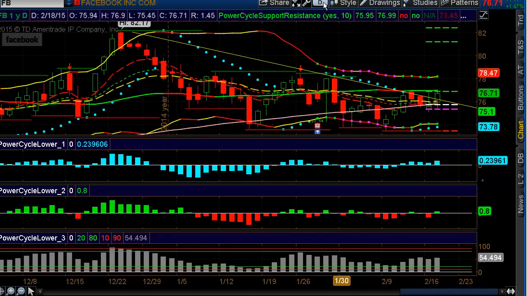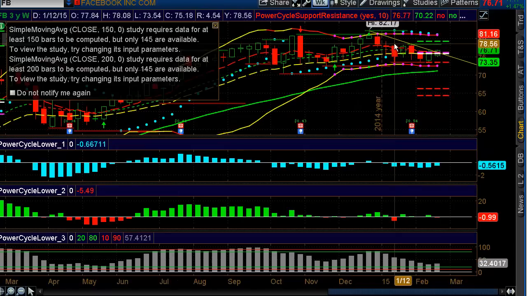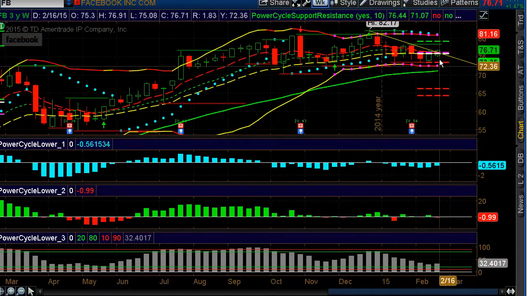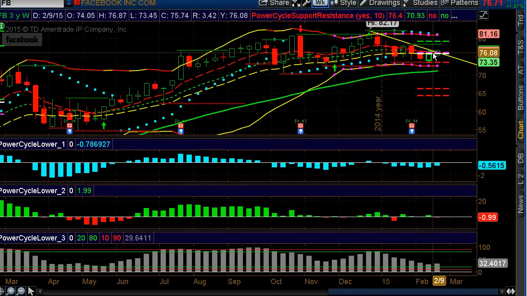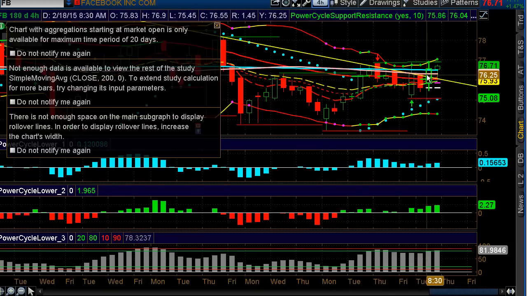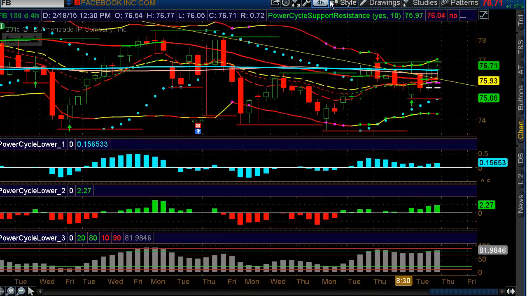Now let me see the weekly time frame. Here it's also in that squeeze, a really tight consolidation squeeze. Momentum indicators here are down, but it's sideways. Now I want to look at the shorter term time frames that it was in a squeeze. Here's the 4-hour. It's in a squeeze there, breaking the trend line, and momentum indicators are up.